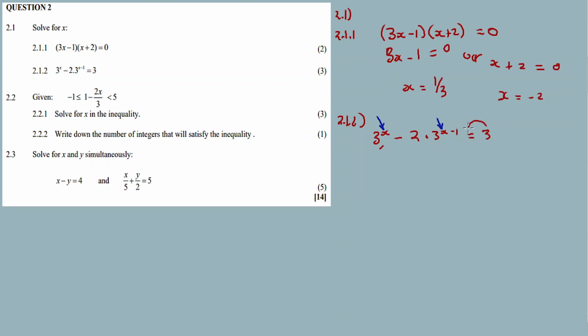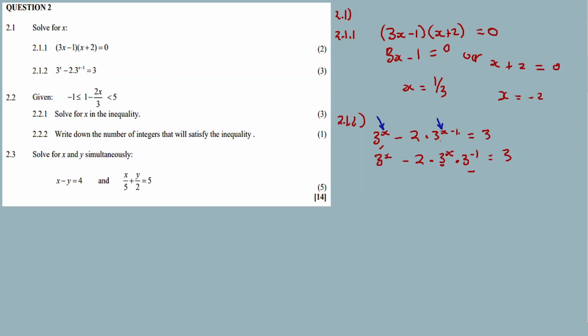In our case, basi-arrange everything la. So there's no need to bring the 3 to the left, mekele jongoba anjalo la ku right hand side. Then 3 raised to x minus 2 times 3 raised to x times 3 raised to minus 1 equal to 3. You need to break the exponent. So about 3 raised to x times 3 raised to minus 1 kanjalo ke.